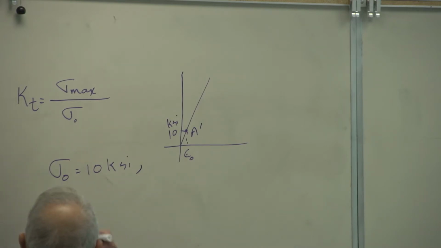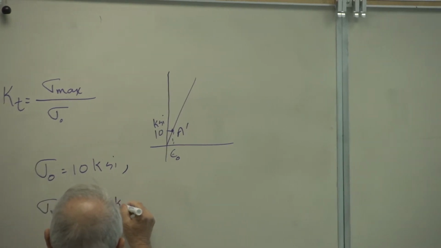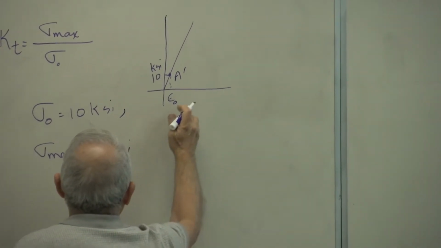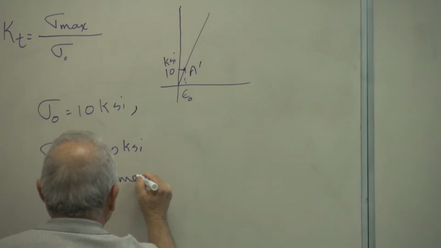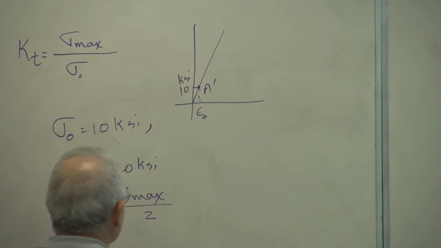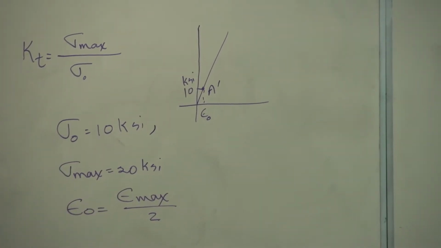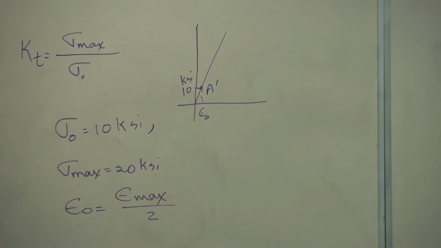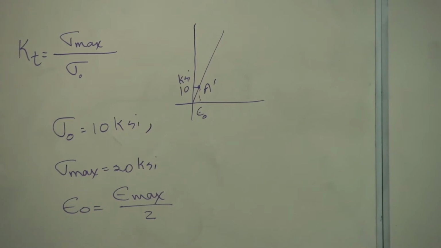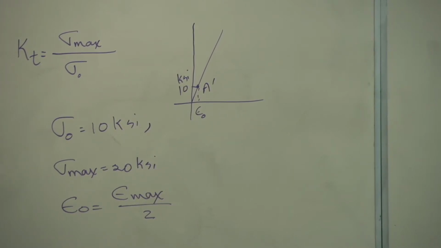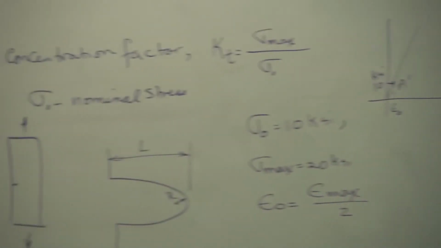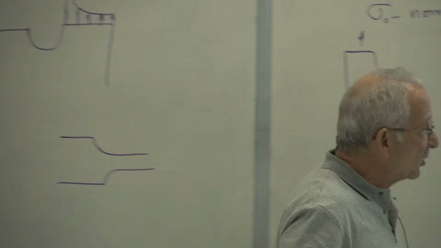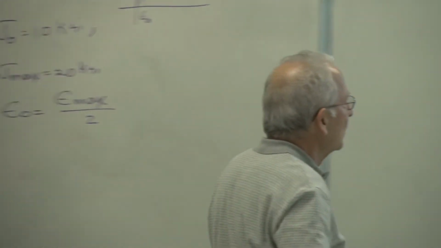So sigma max, therefore, is 20 KSI. And of course, epsilon nominal is equal to epsilon max over 2. So far, so good with everybody? Is there any question? Is there anything you don't understand? If there is, please ask, because I'm going to be building on this, and it's essential that you do understand.